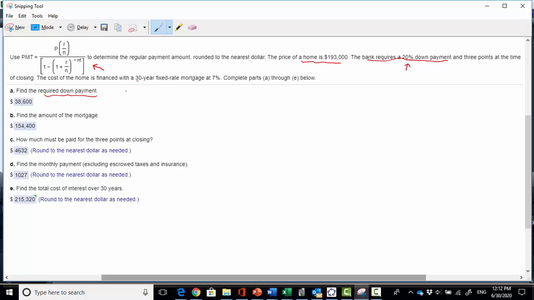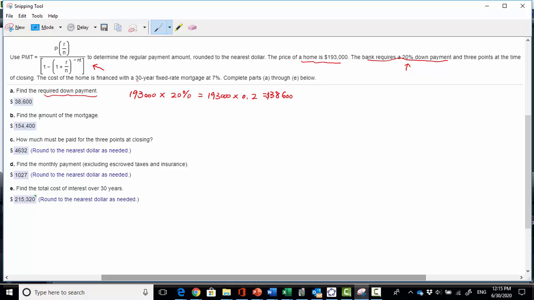So calculate that by multiplying the home price, which is $193,000, times the 20%. So that will be 193,000 times 0.2, and that is $38,600. This is the lump sum payment at the beginning of the purchase. Then you borrow the rest as a loan.